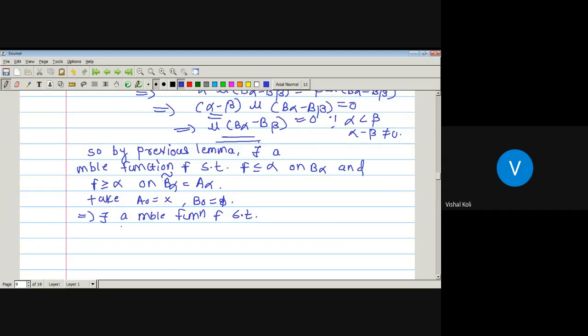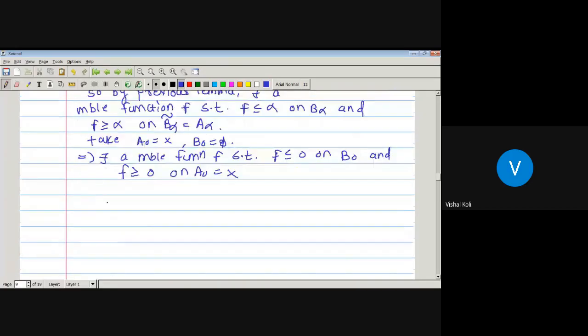Okay, so there exists a measurable function f such that f is less than or equal to 0 on B naught, and f is greater than or equal to 0 on A naught, but A naught is X. Okay, so as f is greater than or equal to 0 on A naught, that is X, which implies f is non-negative. Here we have proved f is a non-negative measurable function on X.